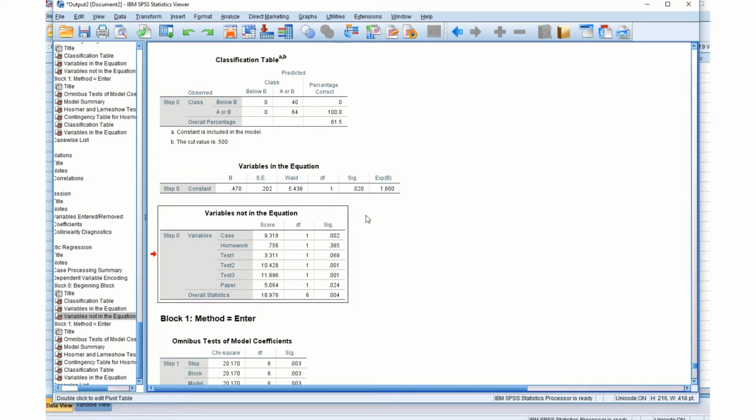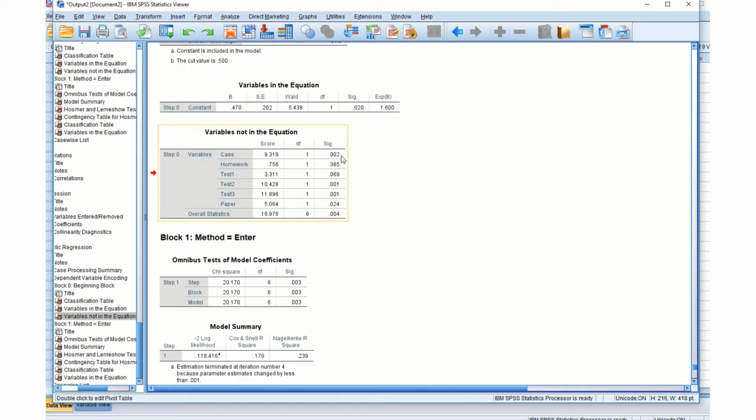This is not particularly interesting, except that you may glean a little bit of information from these variables here. For instance, homework may be something that is significant, maybe not, maybe one of these tests would be, but we need to do further analysis.